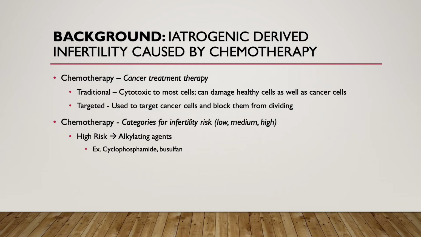When it comes to chemotherapy's impact on fertility, a ranking system has been created to classify chemotherapy drugs according to their impact on fertility. The highest risk chemotherapy drugs all contain alkylating agents. The ones that will be mentioned in this presentation are cyclophosphamide and busulfan.